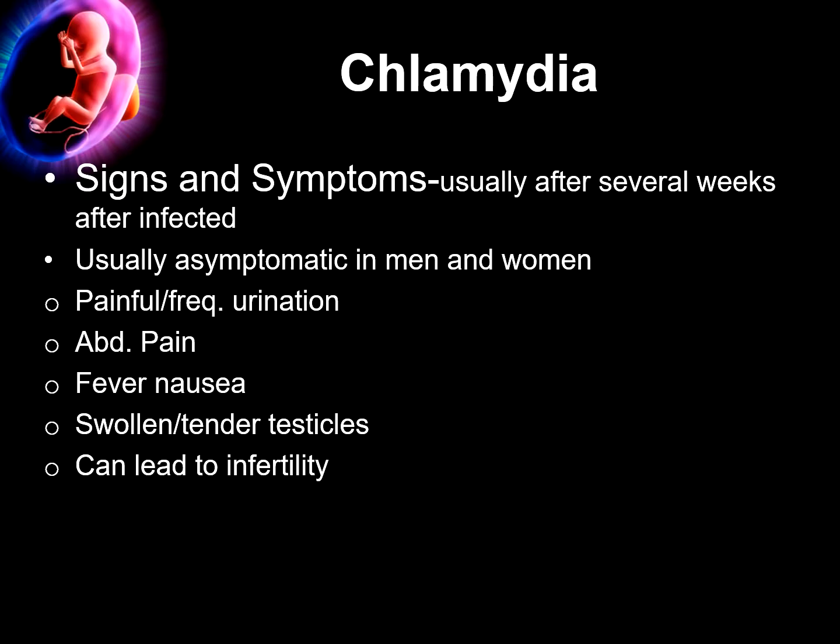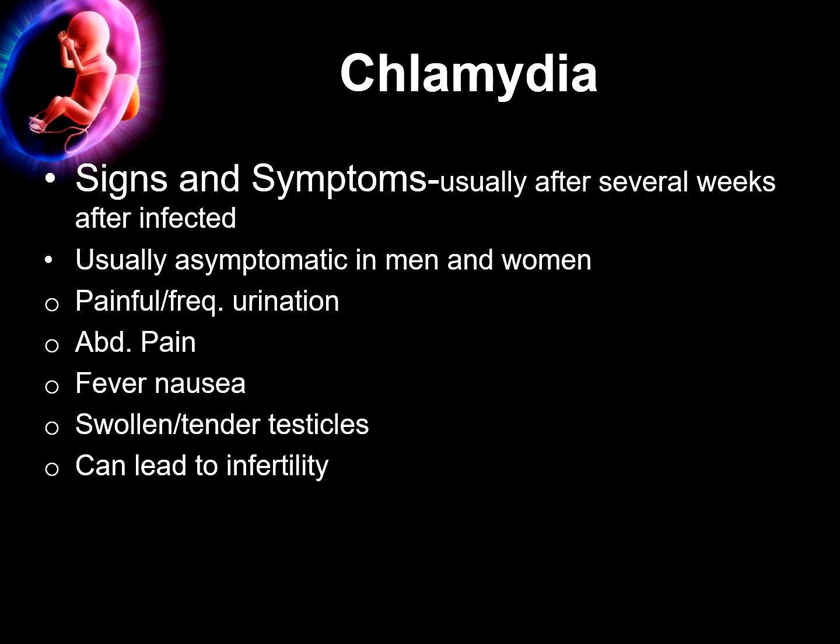They can have painful and frequent urination. They can have abdominal pain. They can have fever and nausea. Swollen and tender testicles is sometimes a sign and a symptom, and this can lead to infertility if not treated.